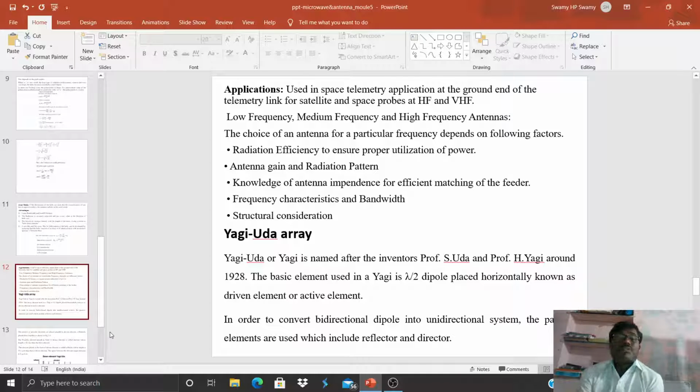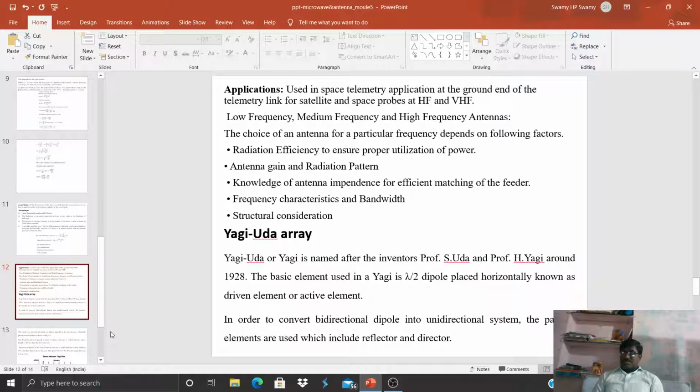It is used for low frequency, medium frequency and high frequency antennas. For these antennas, the choice of an antenna for a particular frequency depends on the following factors.